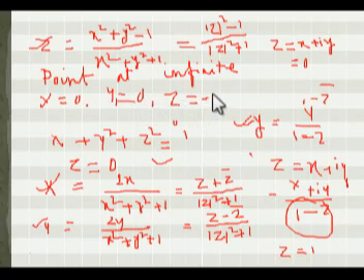So x 0, y 0 and z equal to minus 1. Now again I am drawing this unit sphere. The vertex of this unit sphere was 0, 0, 1, and at this point it is 0, 0, minus 1.